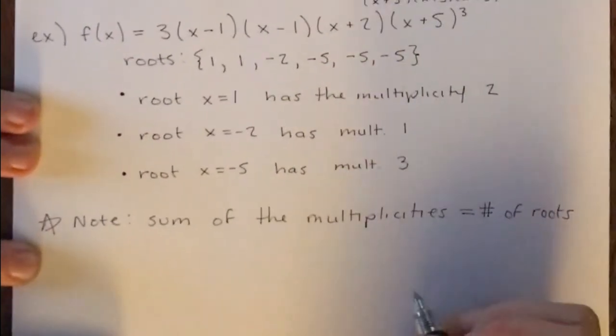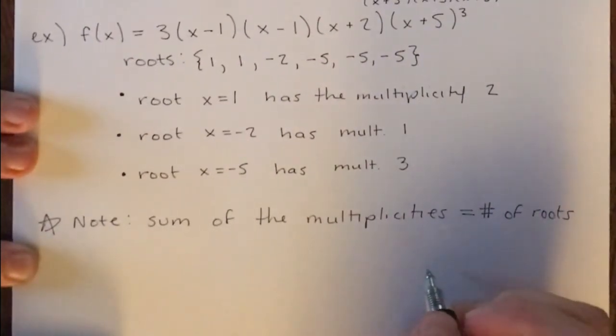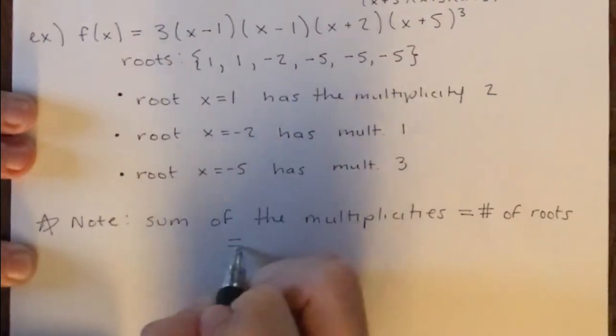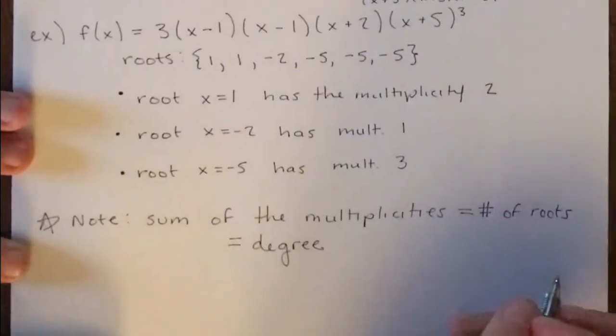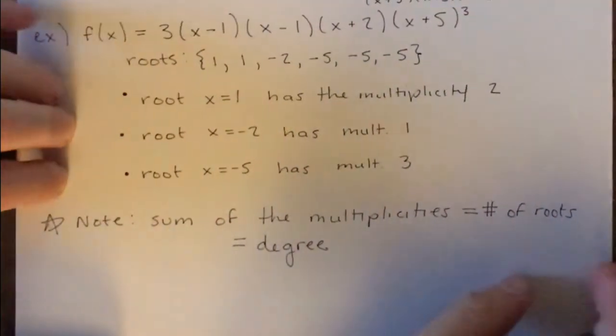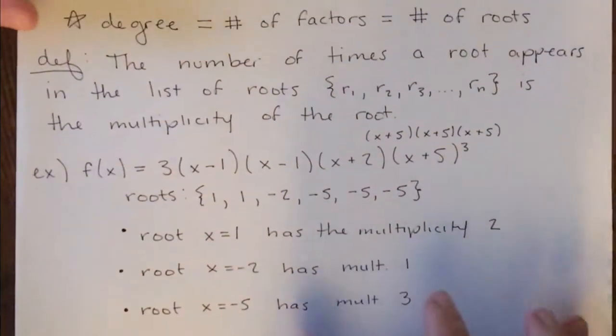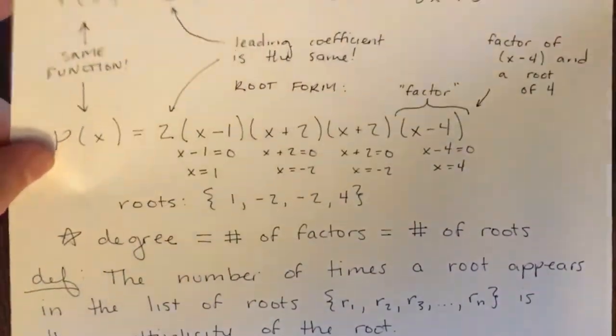But what is the total number of roots? It's also our degree. How is this helpful for us? What is this going to help us with? Okay.